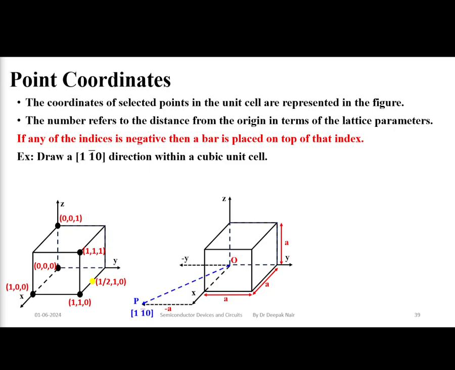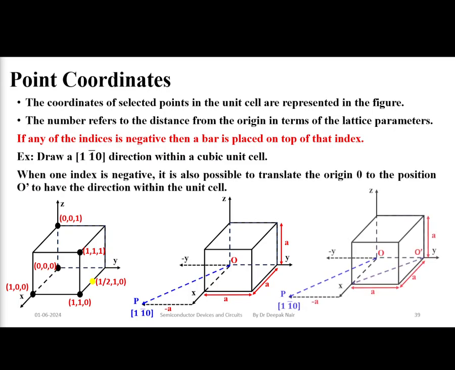So this is our 1 bar 0 point here. Now coming to the shifting, if you shift the origin from here to here, then the new point will be here, where you will get 1. Because this is plus y, here you will get minus y in this direction.